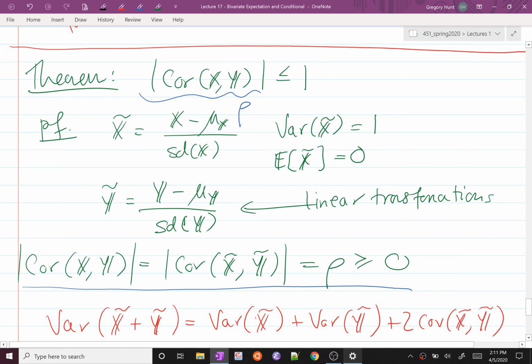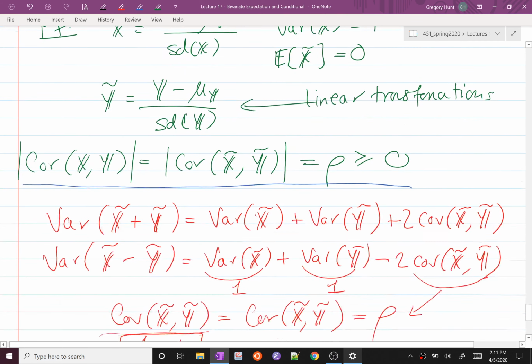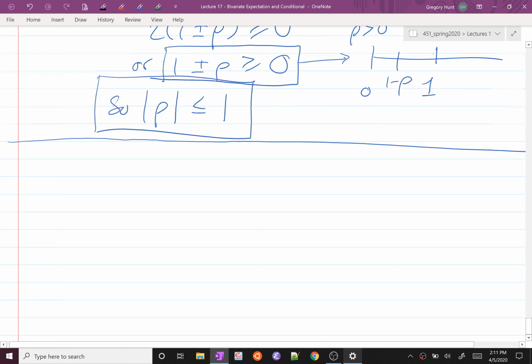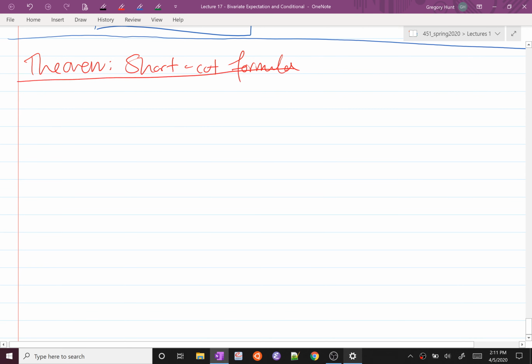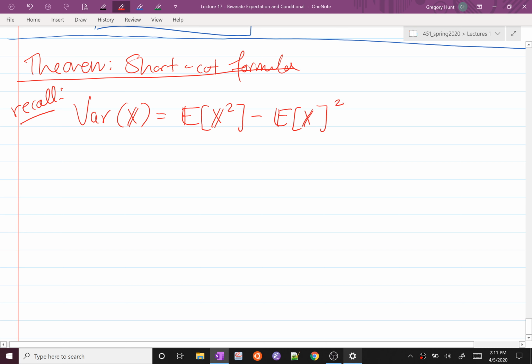Okay, so two more things about correlation and covariance we want to talk about. The first one is we have a shortcut formula, like we had for variance. Recall that for the variance of x, we had a shortcut formula: E of x squared minus E of x squared.